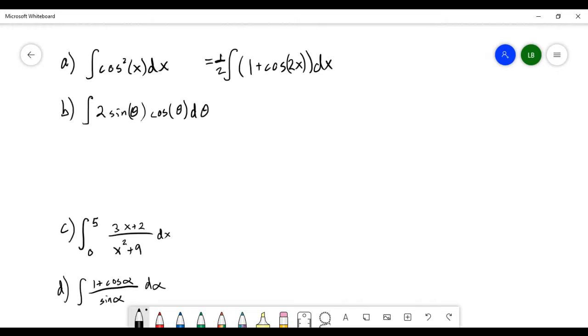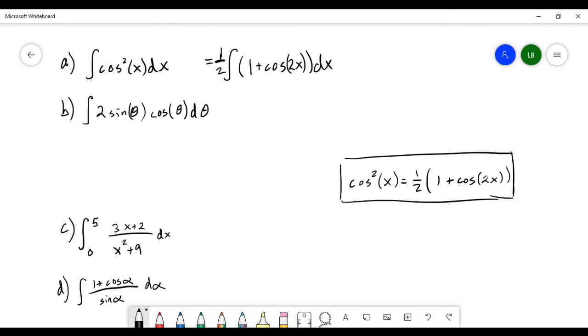If you didn't know this identity, you probably wouldn't be able to do part A. But this is an integral that comes up a lot, so this is probably an important identity to know. I'll go ahead and write that down. Cosine squared x is equal to 1/2 times 1 plus cosine 2x. Important identity.